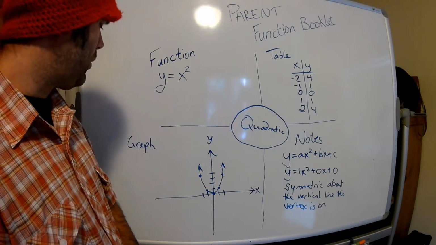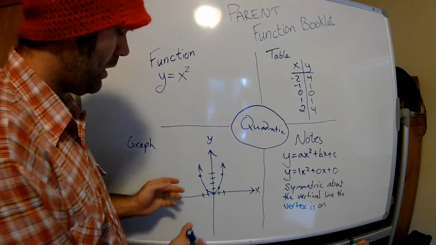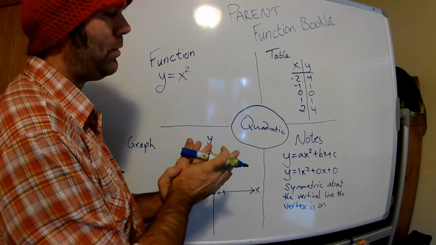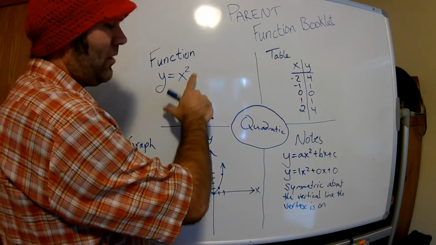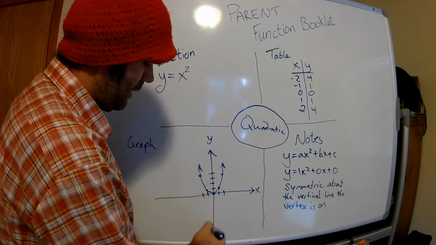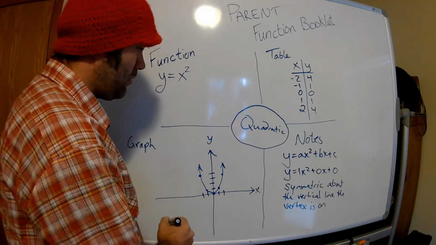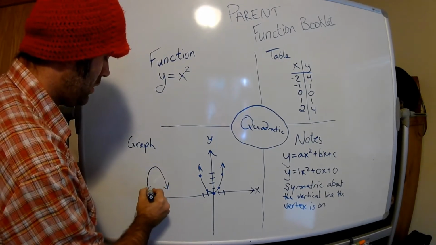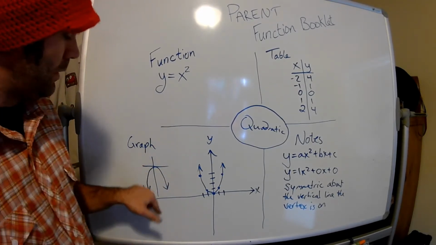What else is important to note? As we go to the left, we're going up. As we're going to the right, we're going up. So obviously, if this was y equals -x squared, we would have had a parabola that was going down. So we would have gotten a shape that looked like this, going down.